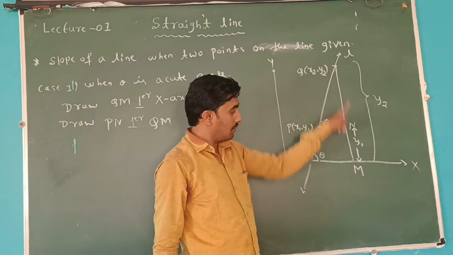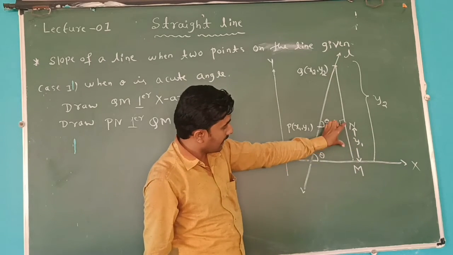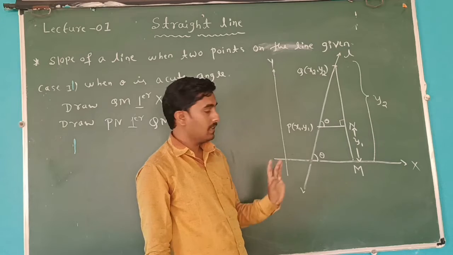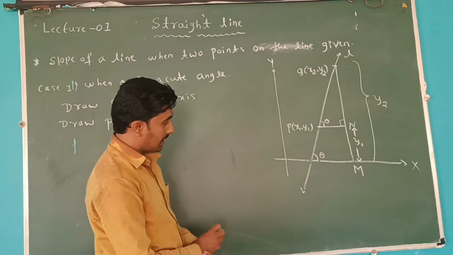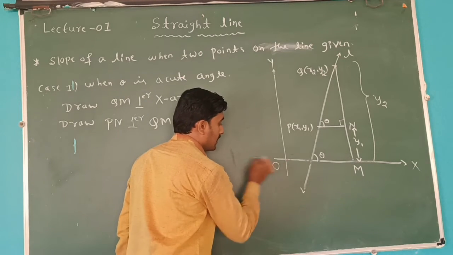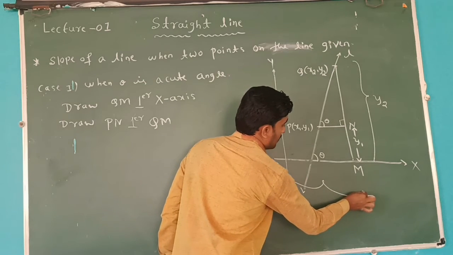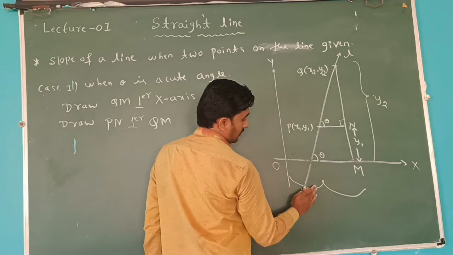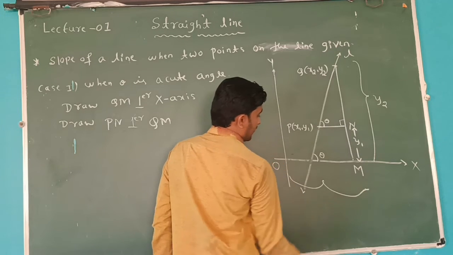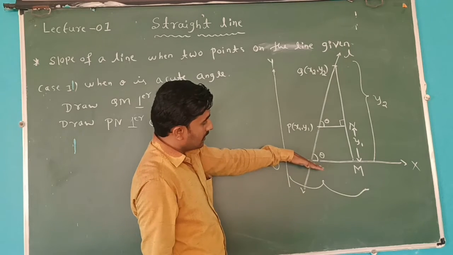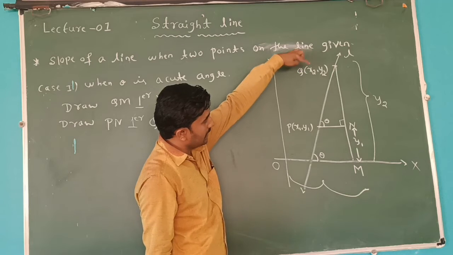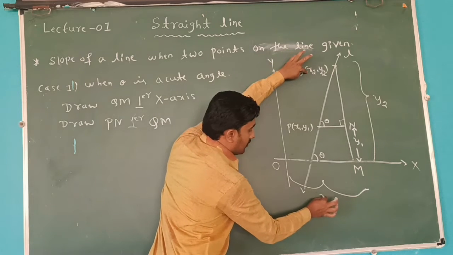From Q to M is y2 and N to M is y1. Similarly, suppose this is the origin. From the origin to this point M is the x coordinate. What is the x coordinate here? This is x2.